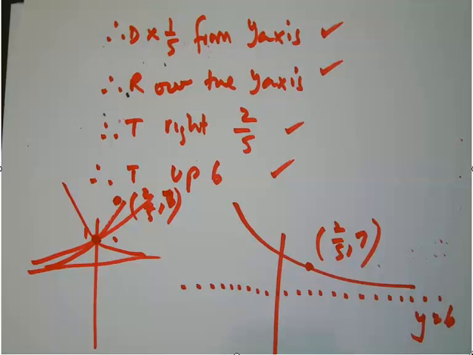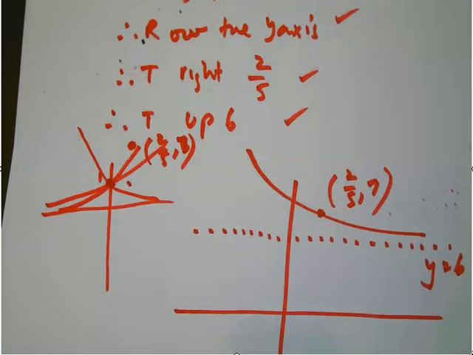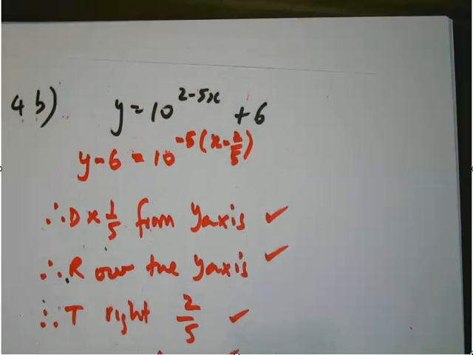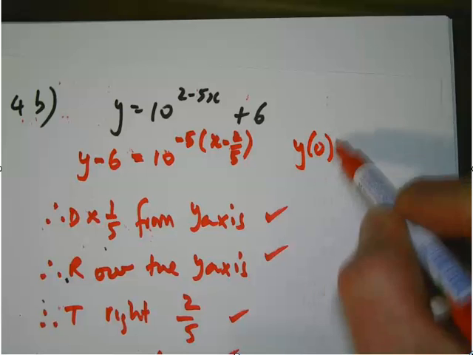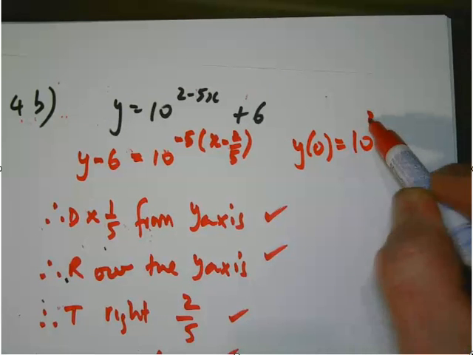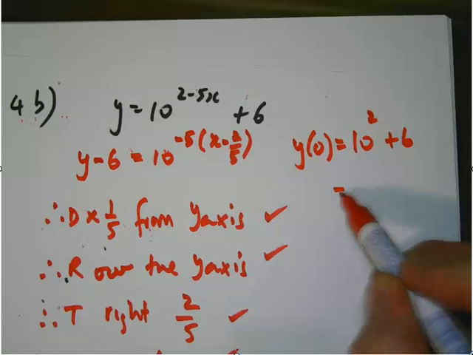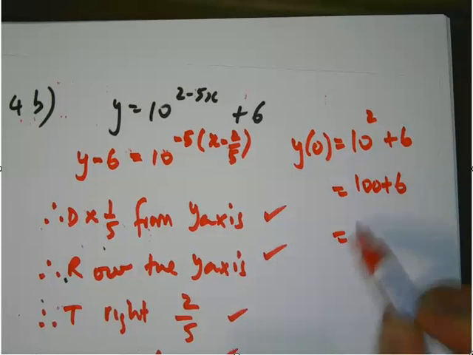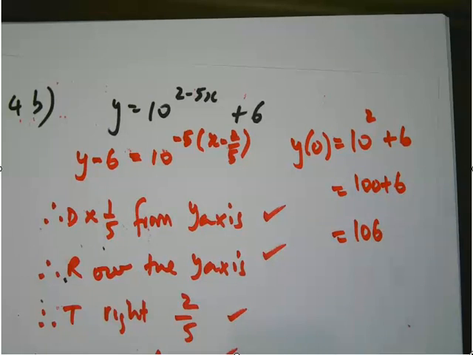So I'm not going to have an x-intercept in this particular case, but I will have a y-intercept. And how would I be able to work out the y-intercept? Y of 0 will equal 10 to the 2 plus 6, 100 plus 6, 106 is going to be my y-intercept.